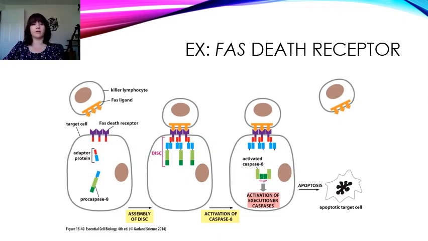Now, I don't require you to remember caspase 8 versus caspase 9, but I do expect you to know the difference between initiator and executioner caspases. And in terms of this pathway that we're looking at, I would expect you to know what a FAS death receptor and ligand are, and that a DISC complex forms, and then it leads to activation of an initiator caspase, right?